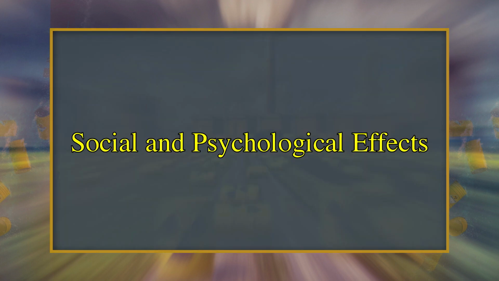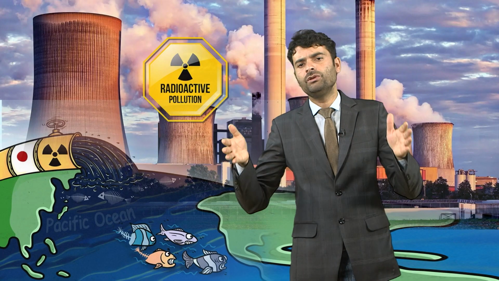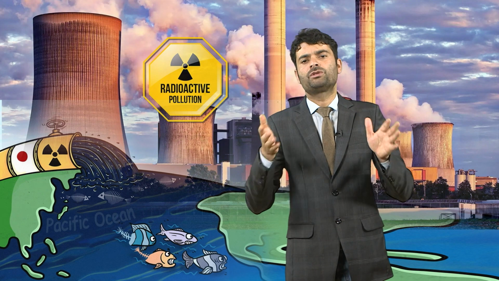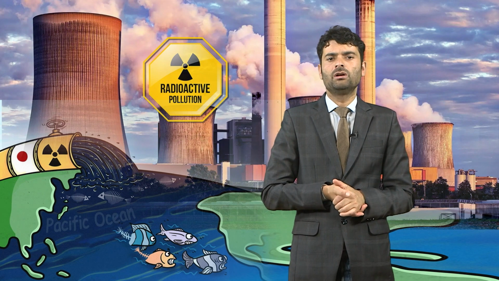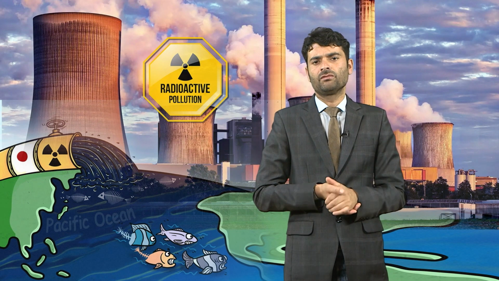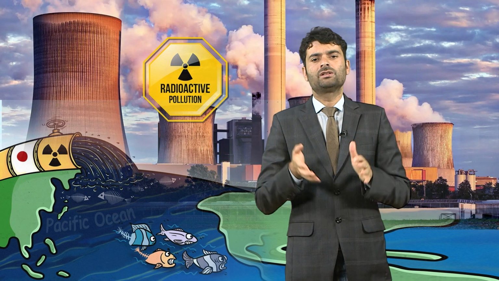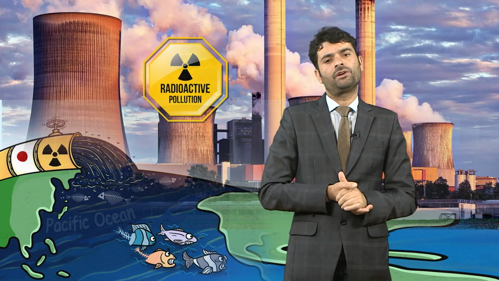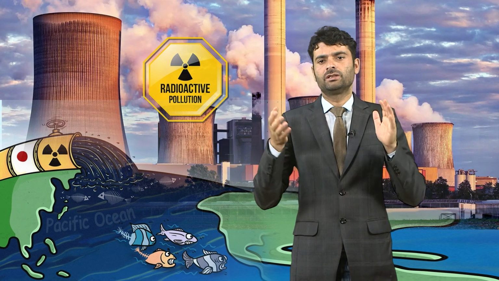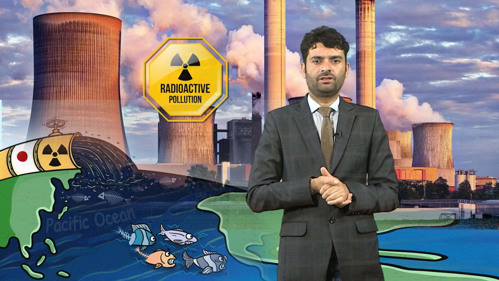Now, the social and psychological effects. The impacts of nuclear accidents were often not directly attributable to radiation exposure, but rather social and psychological effects. The consequences of low level radiation are often more psychological than radiological, because the damage from very low level radiation cannot be detected.